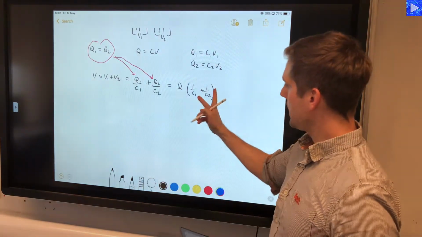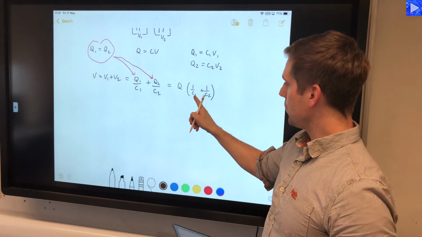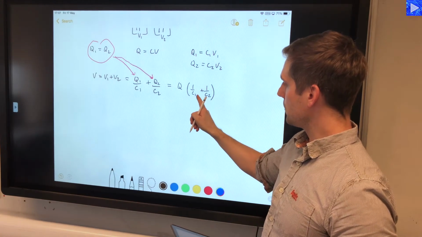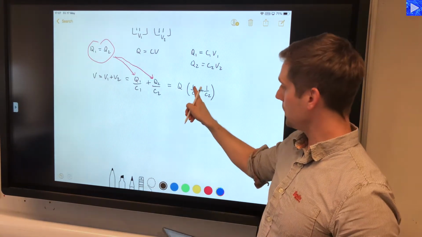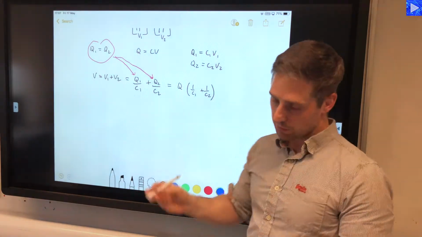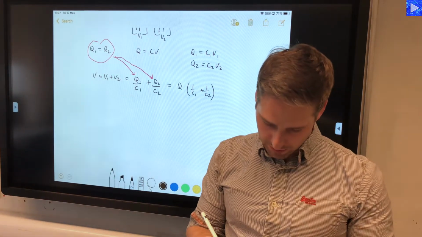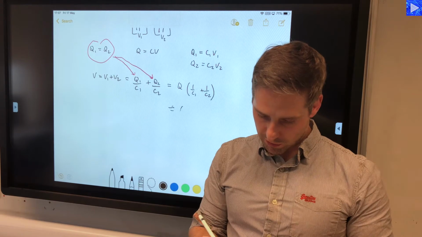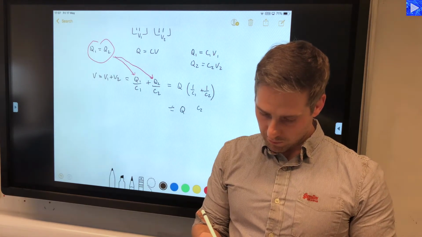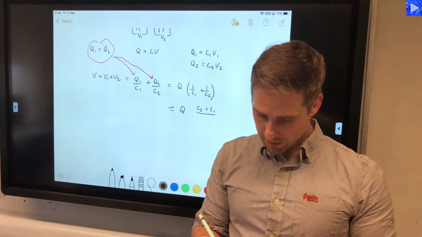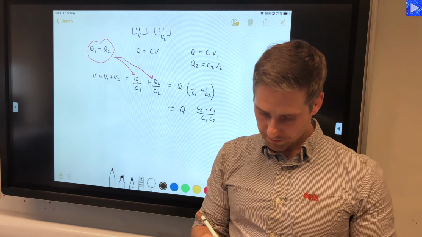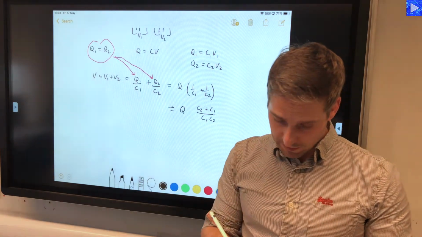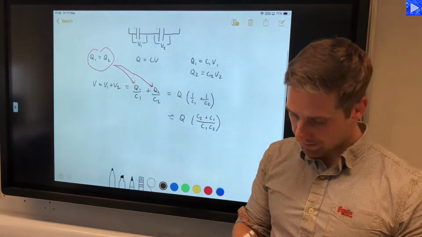So when we add the reciprocals, we would multiply C1 by C2 here, so we get C2 plus C1 over C1 C2. So that's what we can do next, equals Q times C2 plus C1 over C1 C2. Okay, so that's our final expression for that bit.